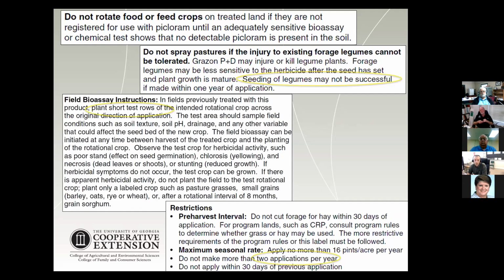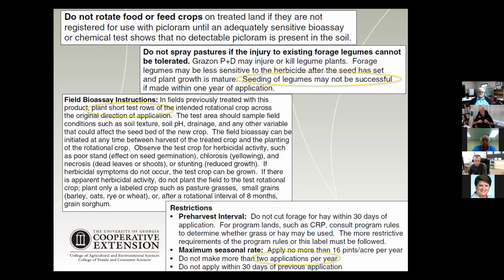And again, if you do have problems, or if you have a field that you want to plant back into another crop, you're going to have to do a short test row. So you plant in strips across that field randomly with clover or whatever you're wanting to test with, flag it out, come back and check it in a couple of weeks. If nothing's growing there, or if the leaves are twisting and curling on you, then you really can't go back in there and plant just yet. So you're going to have to wait a little bit longer.